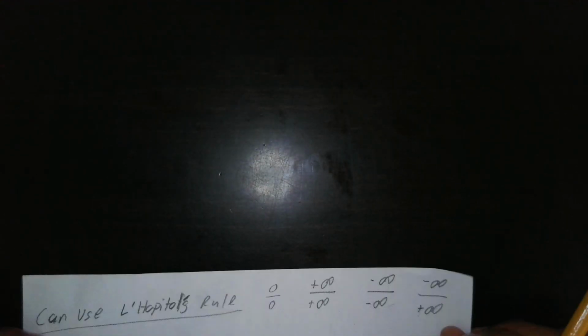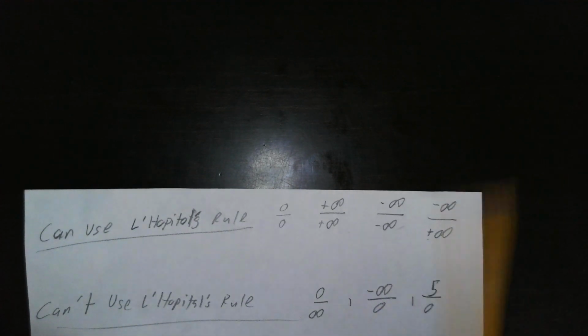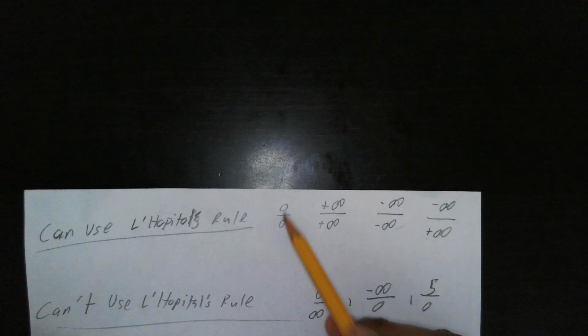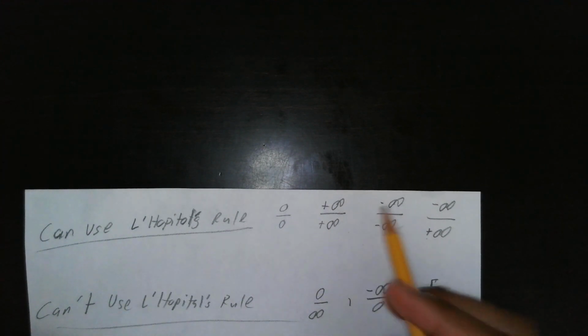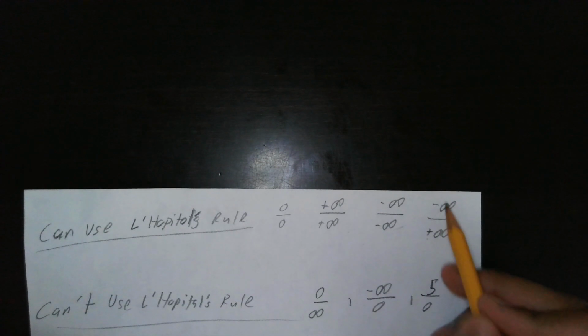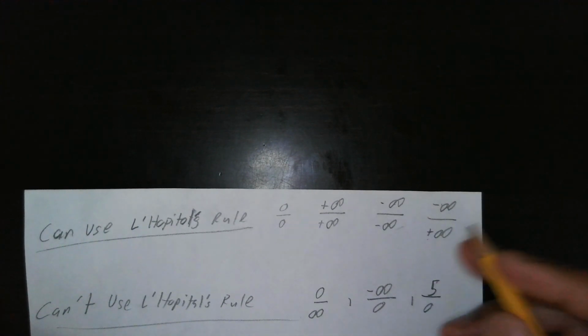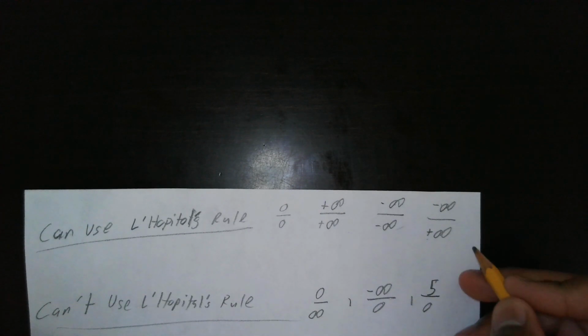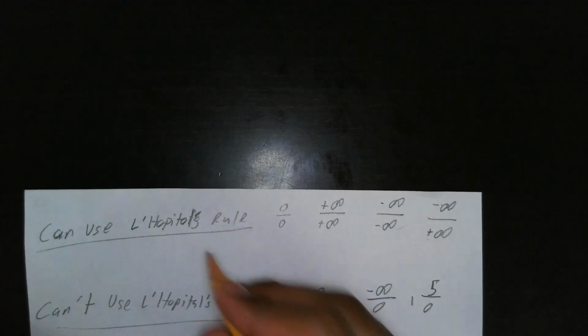Here are some times when you can and can't use L'Hopital's rule. If you have a form of 0 over 0, or positive infinity over positive infinity, or negative infinity over negative infinity, or negative infinity over positive infinity, or positive infinity over negative infinity, for all of those conditions, you can use L'Hopital's rule.